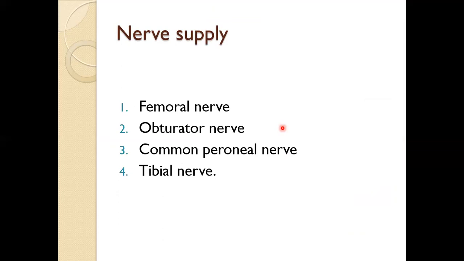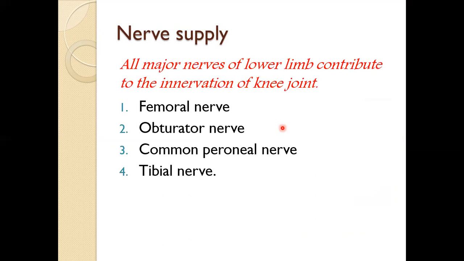Now the nerve supply of the knee joint. It is from all the major nerves of the lower limb, right? All the major nerves of the lower limb contribute to the innervation of the knee joint. We have the nerve of the anterior compartment of the thigh, the femoral nerve, which gives genicular branches to the knee joint. Then we have the nerve of the medial compartment of the thigh, the obturator nerve, which also innervates the knee joint.